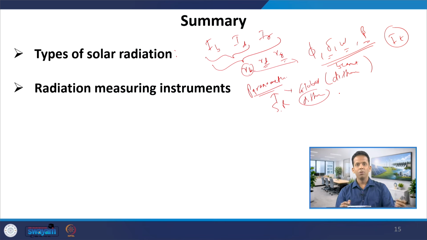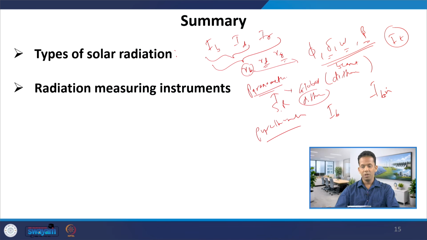So if we use 2 pyranometers, one without ring and one with ring, we can get all 3 types of radiation, that is total radiation, beam radiation, and diffuse radiation. And if we want only beam radiation, we can use a pyrheliometer, but again it does not give us IB, it gives us DNI, the direct normal beam radiation, and from that, using cos theta or cos theta z, we have to calculate IB for a tilted surface or horizontal surface.